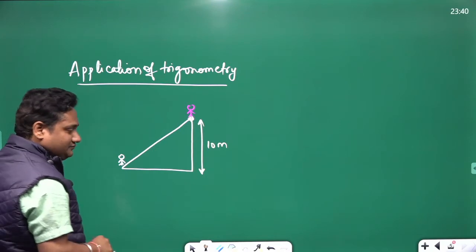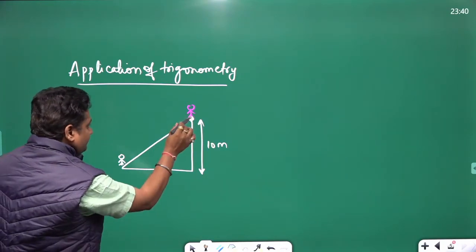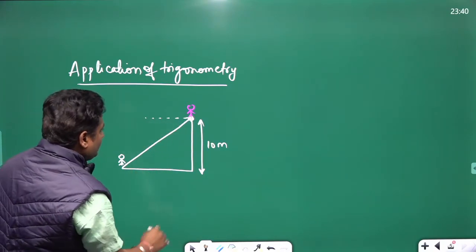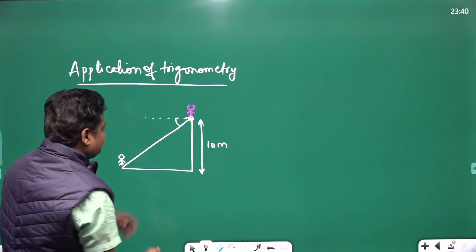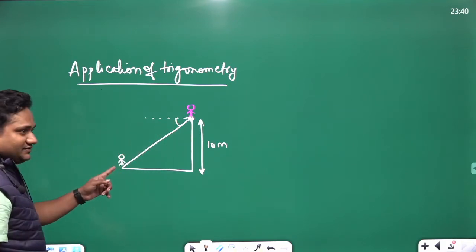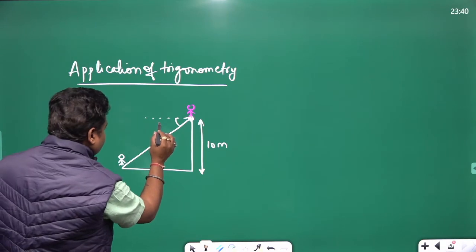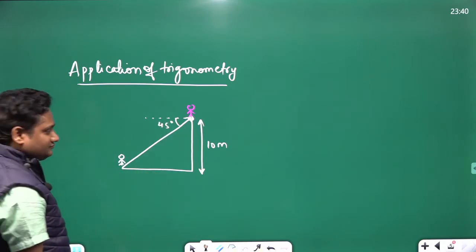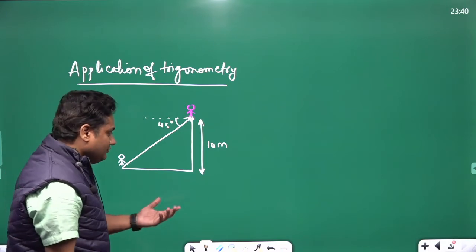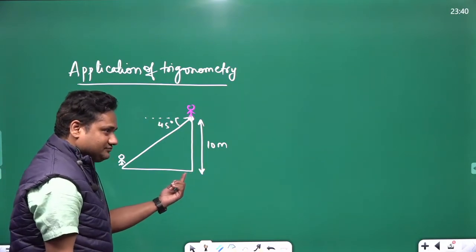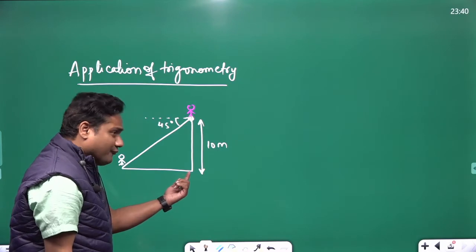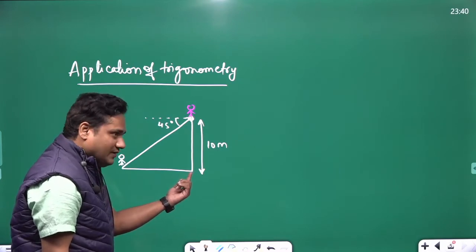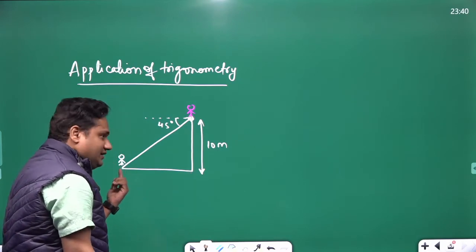And the angle by which Xian is observing Arna is 45 degree. And she doesn't know the distance between the foot of the building and Arna.